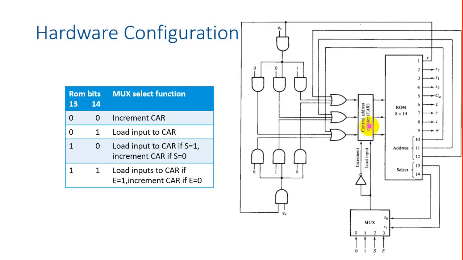So you go to address T1 if it is subtraction operation. And if it's the addition operation, then 010 will be loaded to the controller address register and you will go to T2.